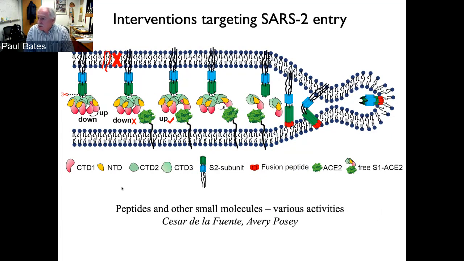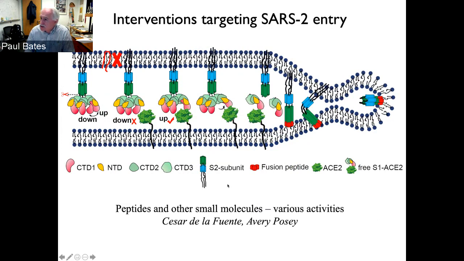So Cesar de la Fuente here is very good at designing membrane-active peptides, and he's collaborating with us. We're going to screen a bunch of peptides that he's designed that insert into membrane, and the idea is that they'll insert into the viral membrane and disrupt it in such a way that it can't go through this bend here, that it has to bend very tightly in order to allow membrane fusion to occur.